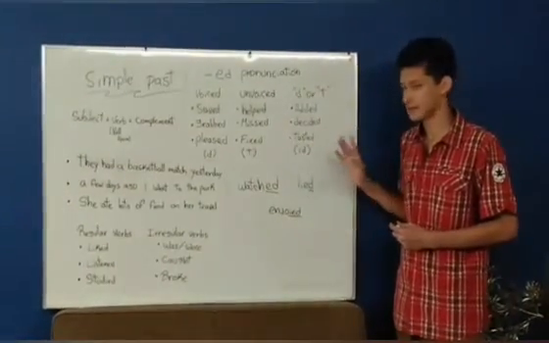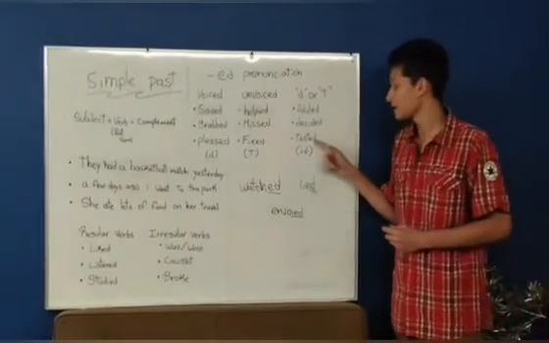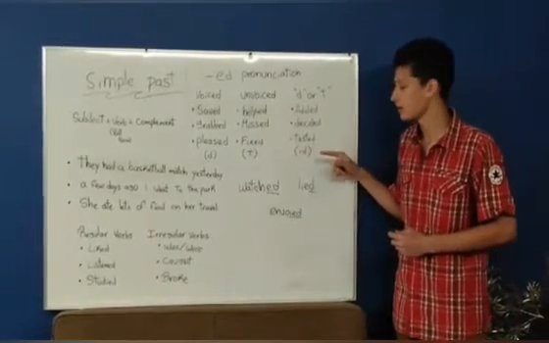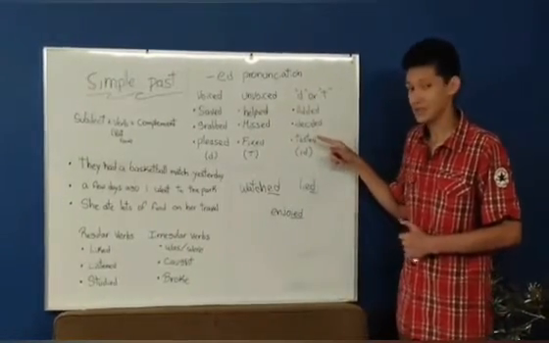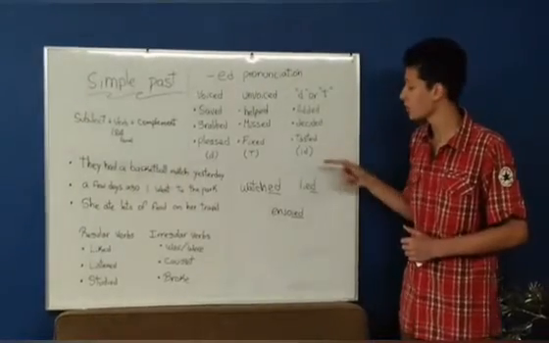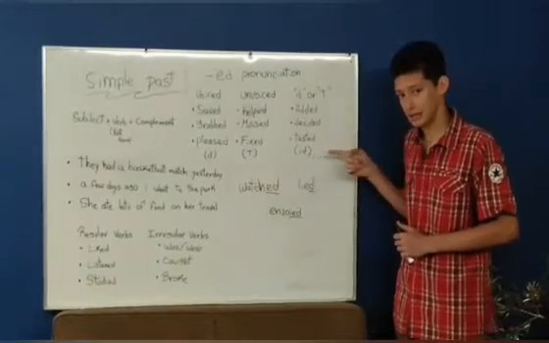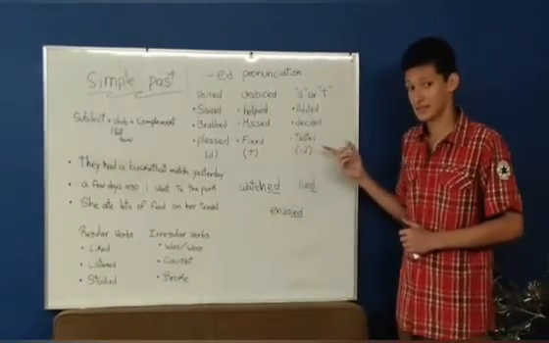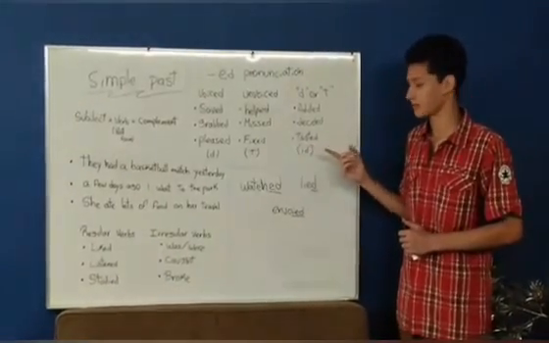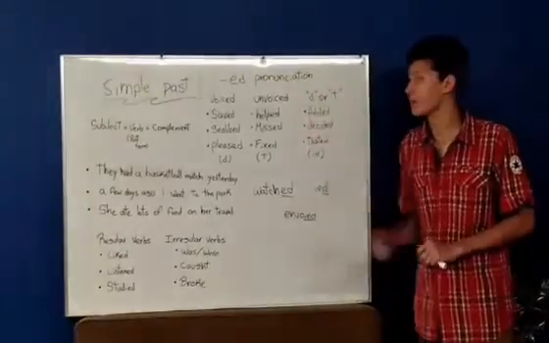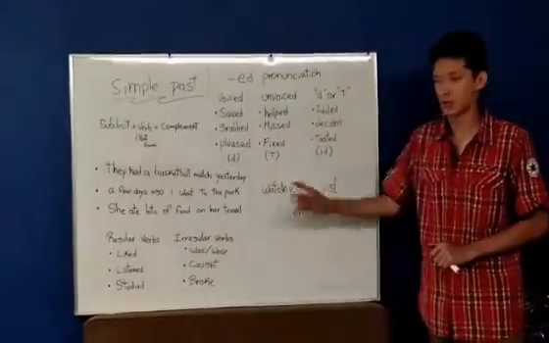The verb taste also ends with E. But the last consonant is a T. So because of that, this ed sounds like it. Tasted. Okay, so that's everything with the ed pronunciation and the regular verbs.